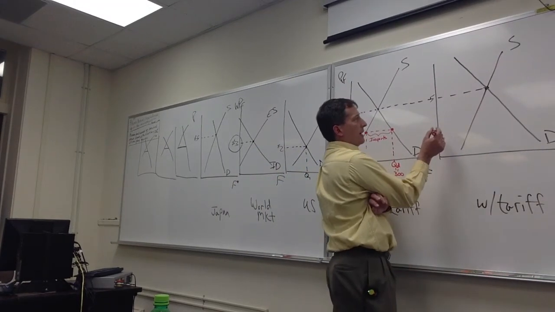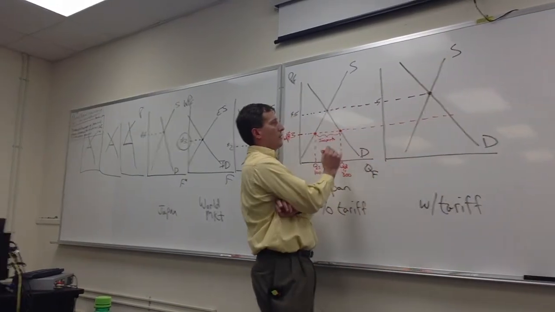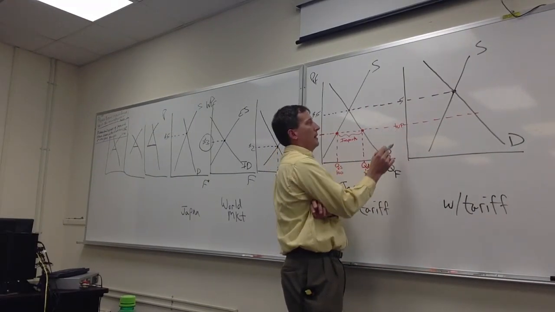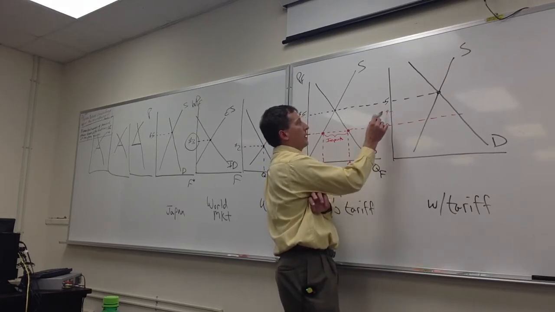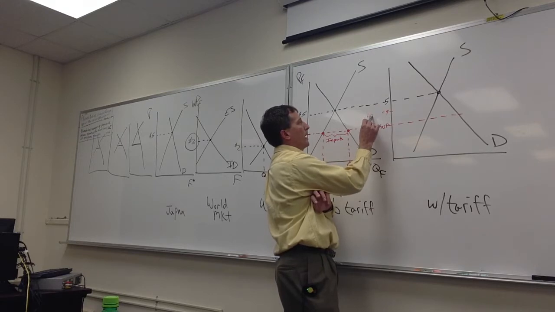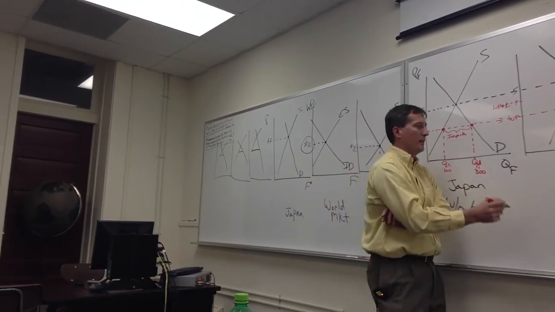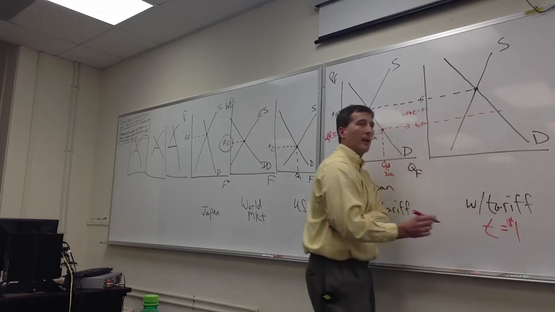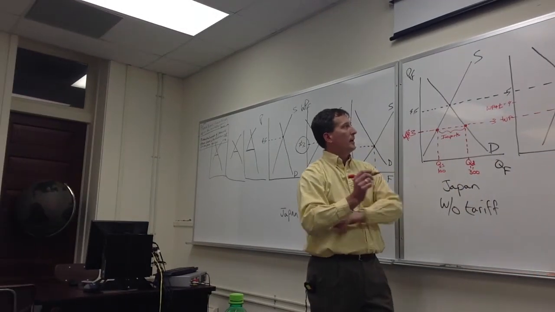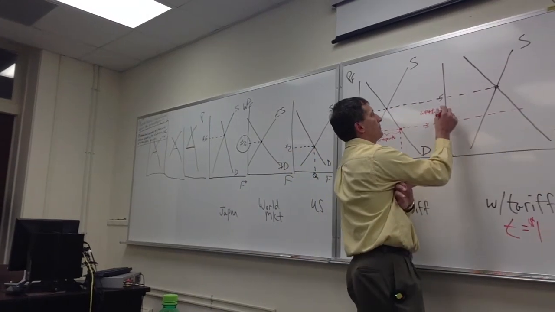Well, within the country, I'm going to extend this graph over here. So this is the world price. The world price plus the buck gets us up to 4. So the world price plus t, the tariff. So let t equal $1. That is going to raise the price within the country to 4.